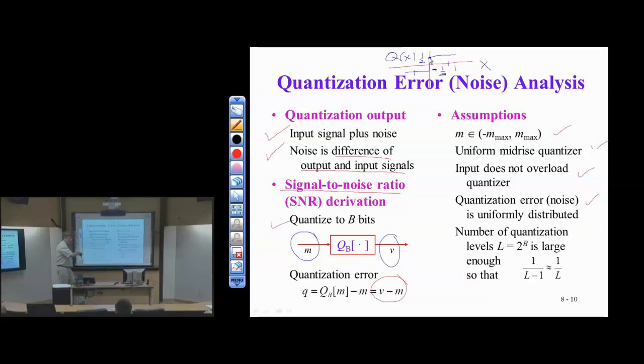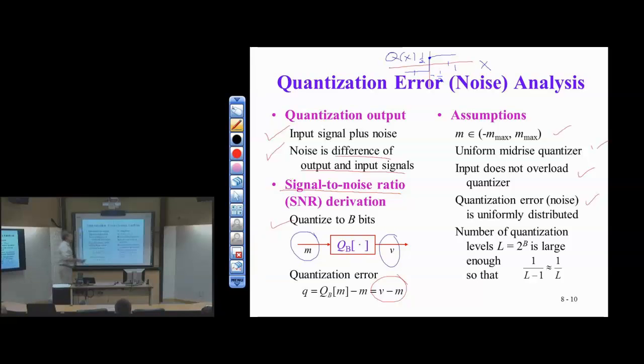It's output minus input. If I put in 1/2, the error is 0. This minus 1/2 is the bottom level. And if I put in, say, 1/4, then the error is 1/4. I put in 1/8, etc.